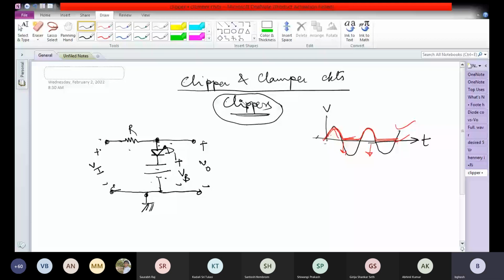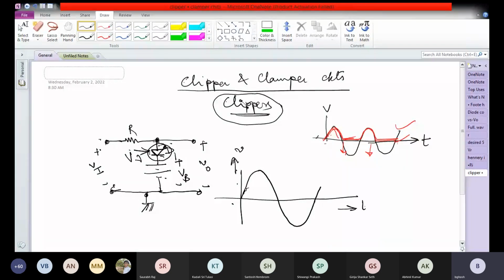So what will happen? If this diode has a cut-in voltage of V gamma, and if the input varies like this, so this is voltage versus time.